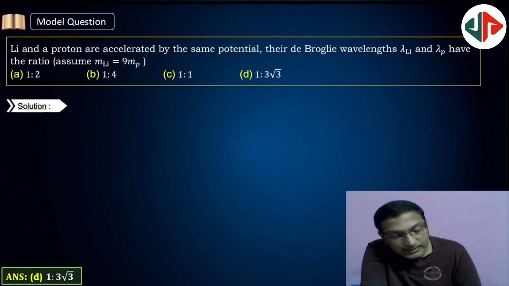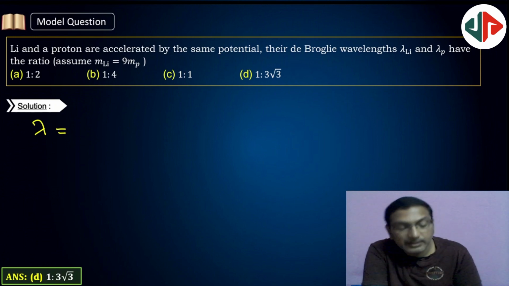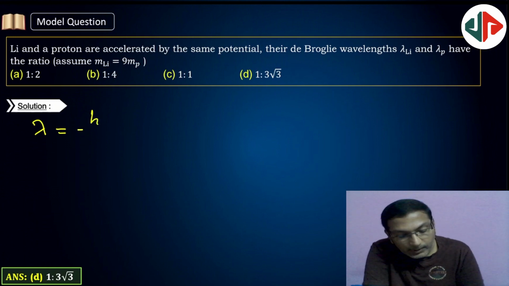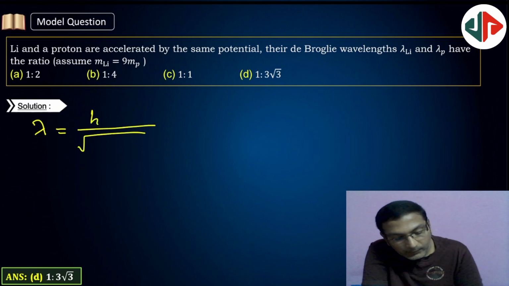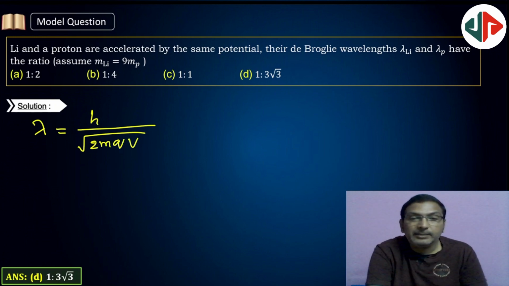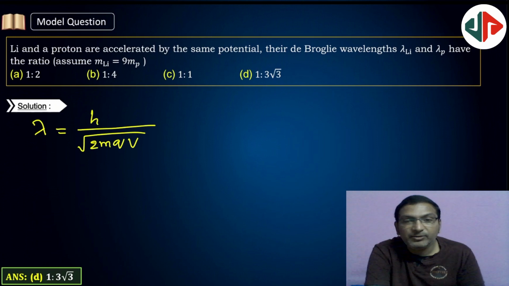So from this we can use de Broglie's relation, lambda equals h by root 2 m q V. Here lambda is wavelength, h is Planck's constant, m is mass, q is charge, V is potential. Here potential V is the same.